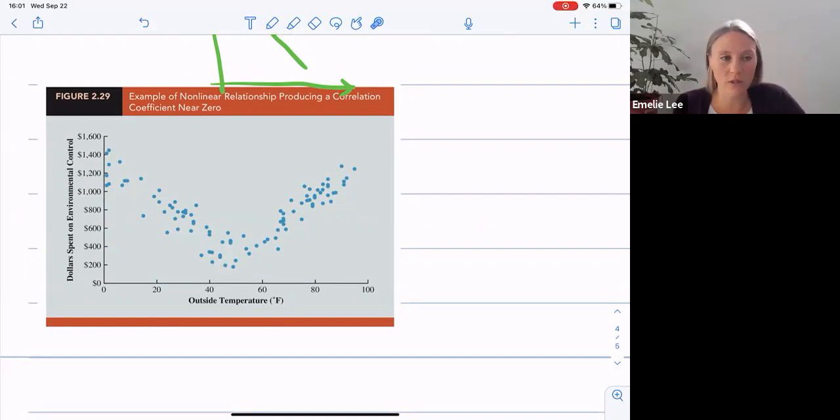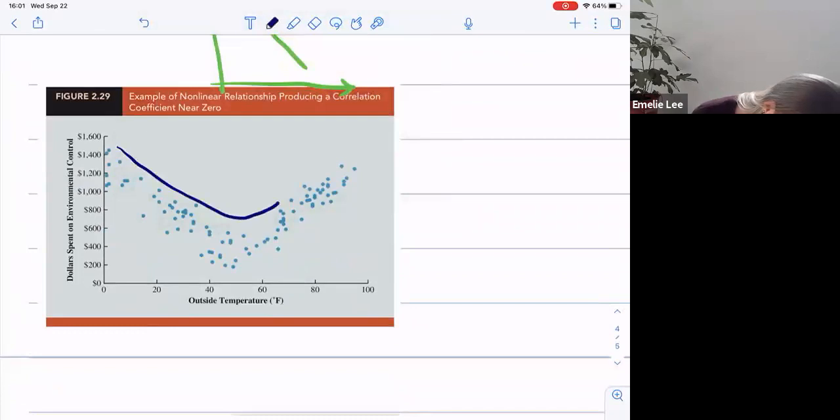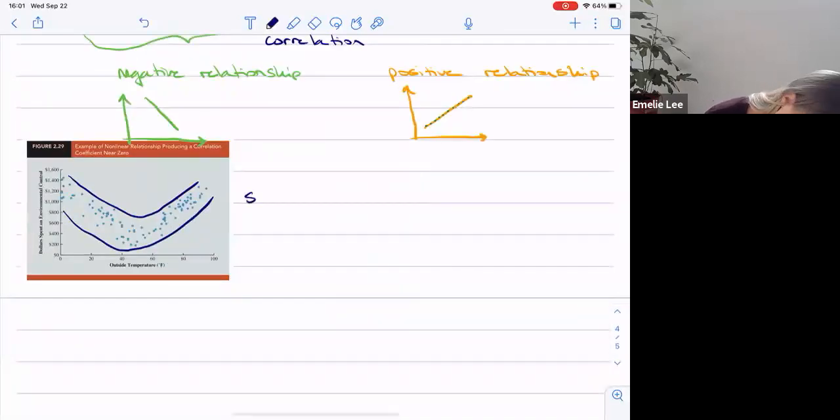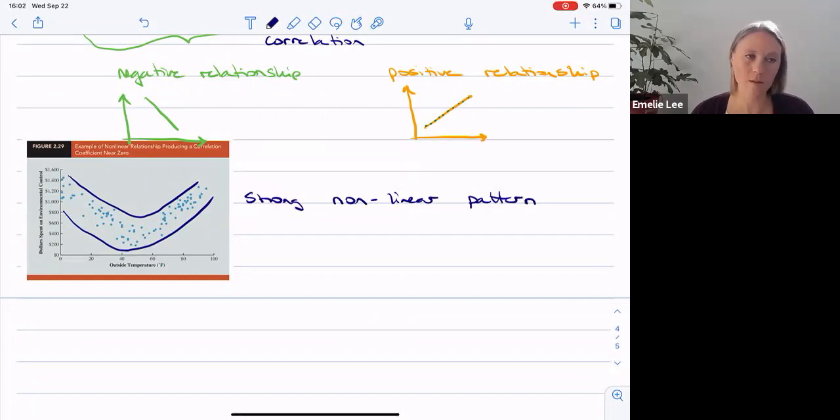That's what it looks like. So here we've got this strong non-linear pattern.